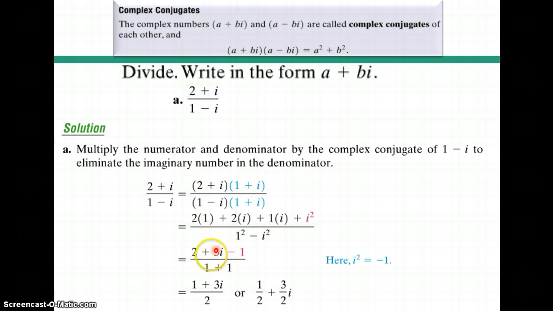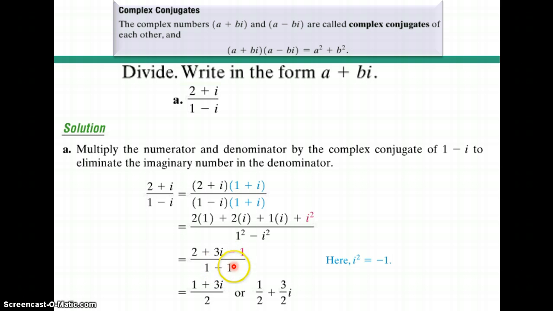Simplifying this, we have 2 times 1 is 2, 2i plus 1i equal to 3i, and replacing i squared with minus 1, we have minus 1 here, over 1 squared is 1, and replacing i squared with minus 1, minus 1 times minus is plus 1.